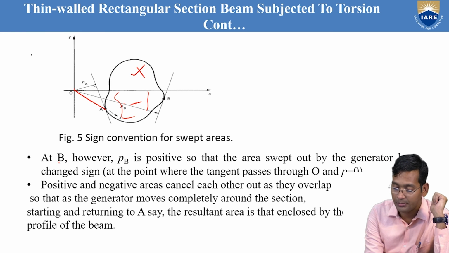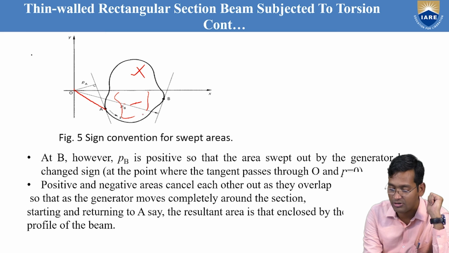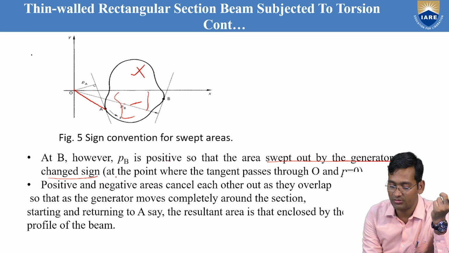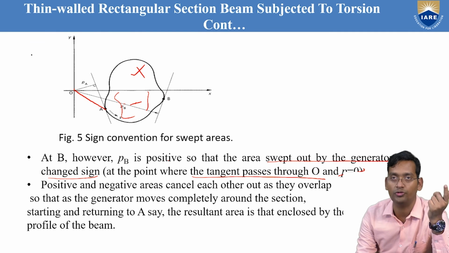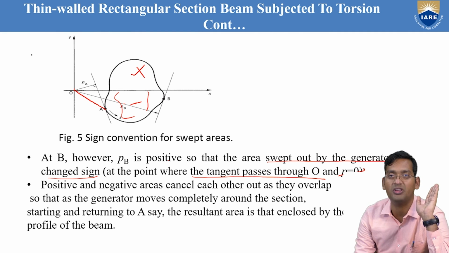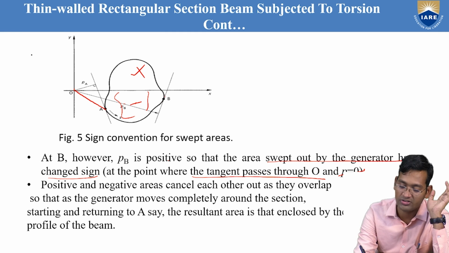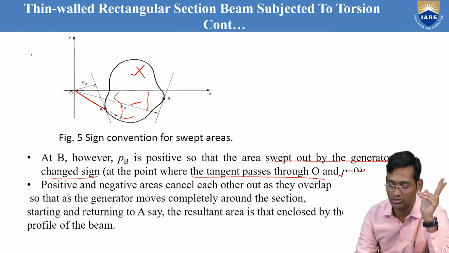At B, once it reaches here, however, P is positive, so the area swept out by the generator has changed sign. From negative it becomes positive at the point where the tangent passes through O and P equals 0. So where P equals 0 and the tangent passes through, there it will be 0. Here the tangent is passing at point B, hence the sign got changed.